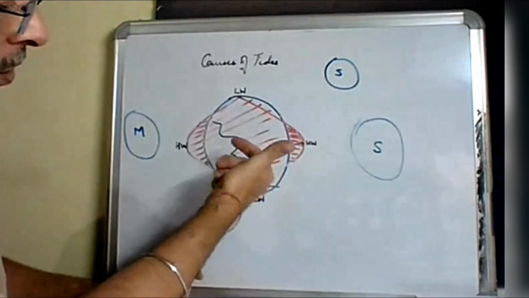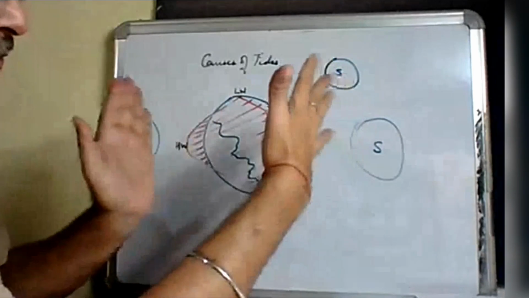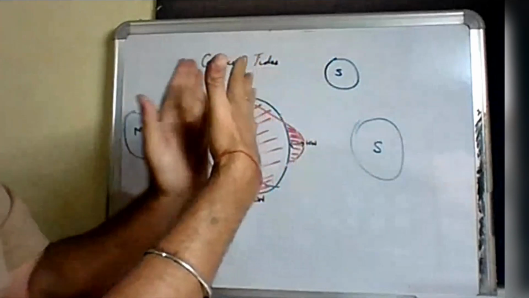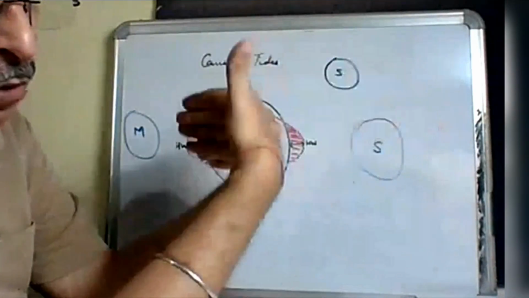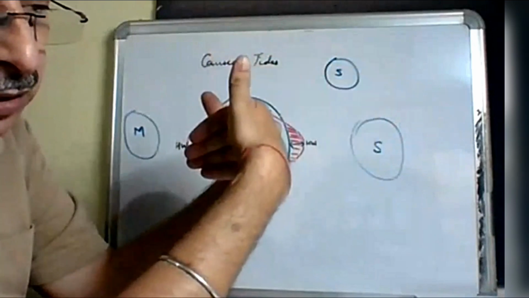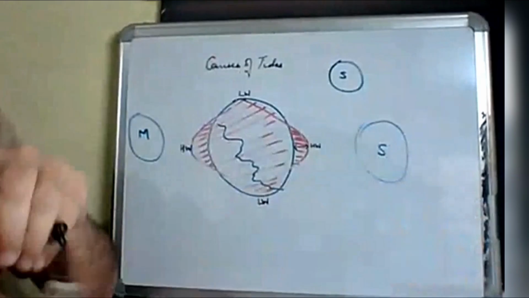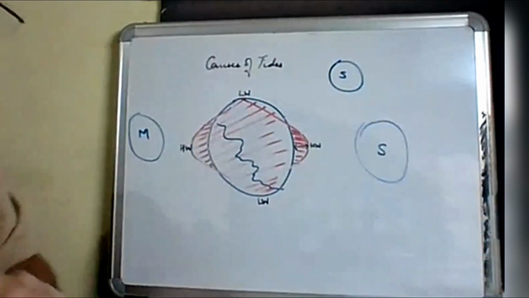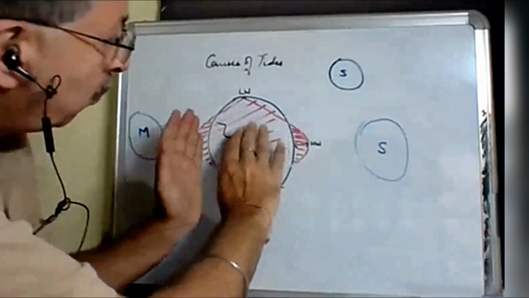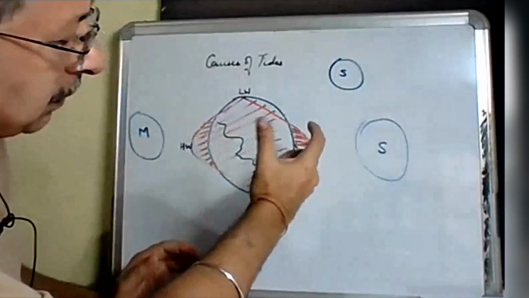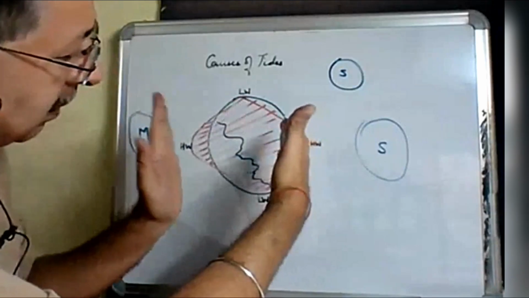So when the earth is rotating, this continental land mass is going to push the water body, because the water body would be detached from the earth and lagging behind.